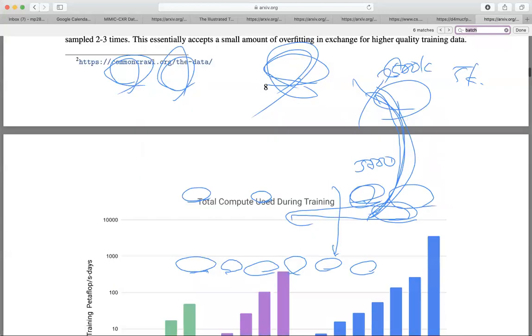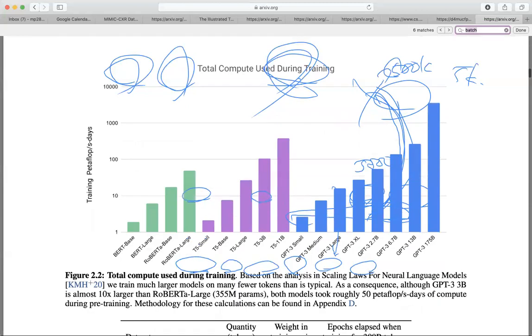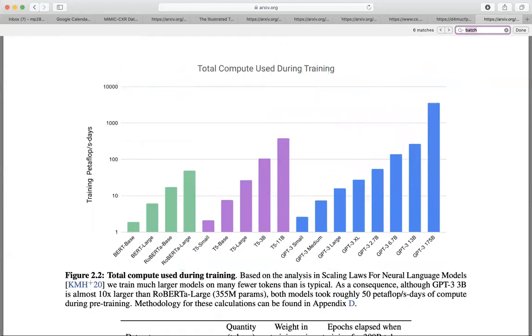All right, so moving on to the experiment section. Total compute used during training. Imagine how much computational resources you need to basically waste in order to train a 175 billion parameter model. Think of the electricity consumption, the power consumption of this model.